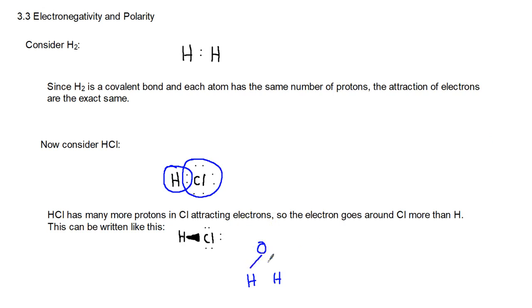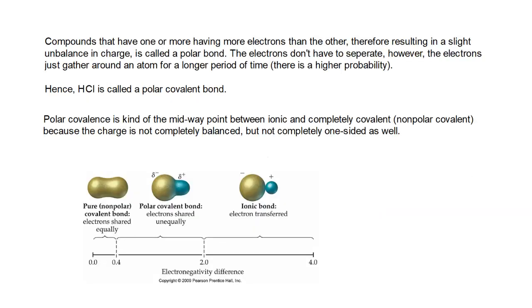So one of these has a regular bond because of its tetrahedral shape, which we'll talk about later, and one of these has one of these, which signifies that it goes around the oxygen more than the hydrogen, right? Because the oxygen has more protons attracting the electron, right?